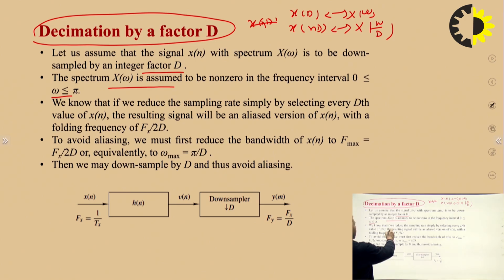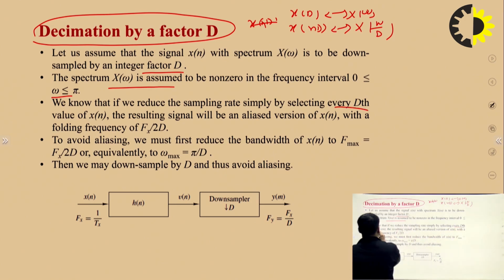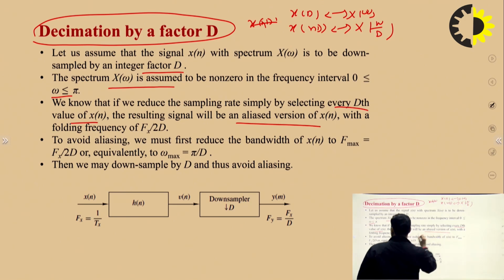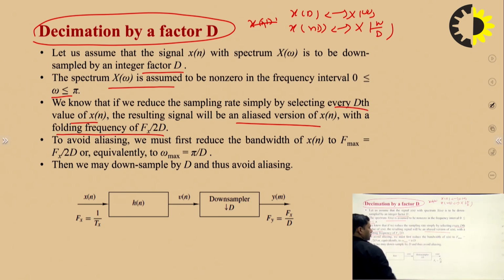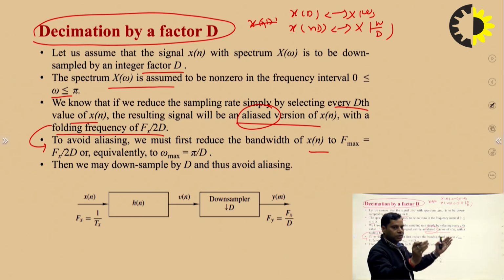If we reduce the sampling rate simply by selecting every Dth value of x(n), the resulting signal will be an aliased version of x(n) with a folding frequency of Fx by 2D. To avoid this aliasing, we must first reduce the bandwidth of x(n), because the frequency response is getting increased.